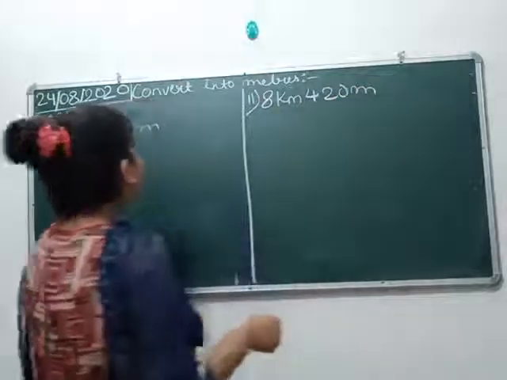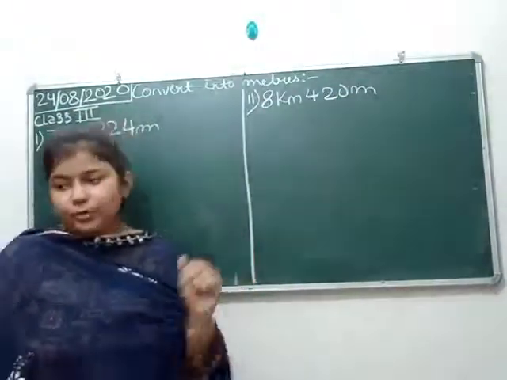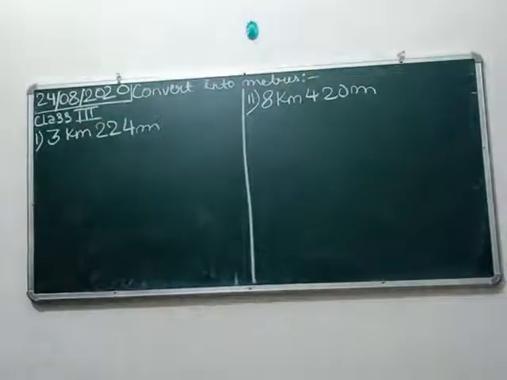Come on, solve this question. What you have to do, you have to convert them into meters. Come on, do this question. Completed. 3 kilometer 224 meter, 8 kilometer 420 meters. Come on.